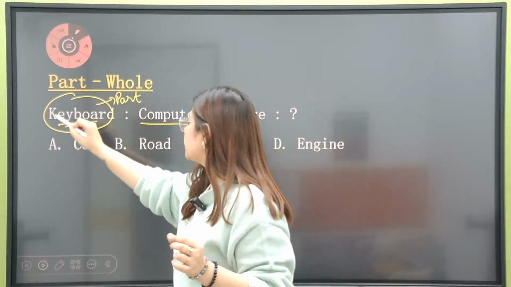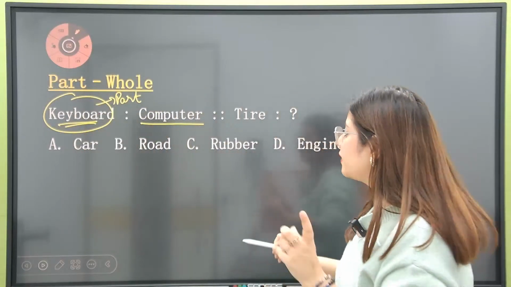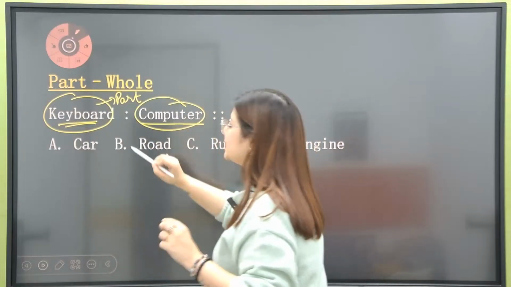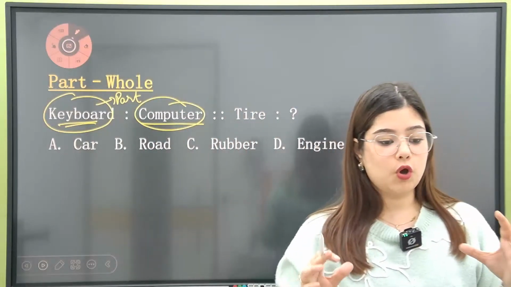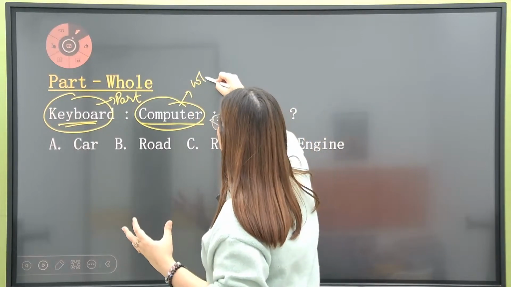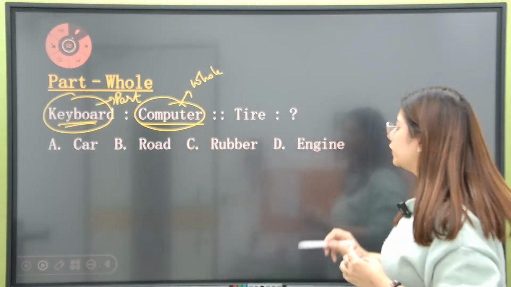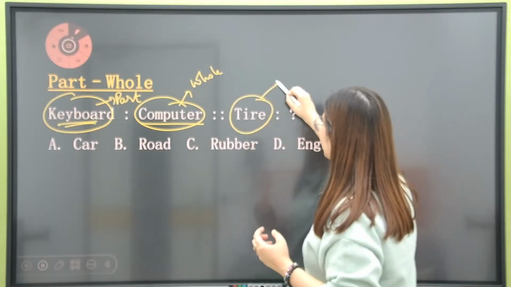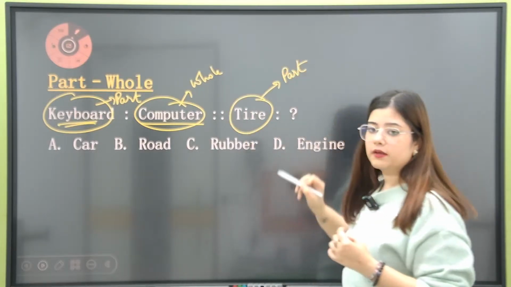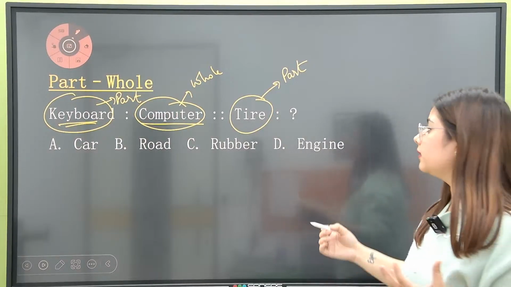The first word in this particular pair represents the part, and the second word represents the whole object, the whole entity. So this is a part to whole relationship. So keyboard is to computer, such as tire. Tire would be a part, and now we have to look for a whole, right?